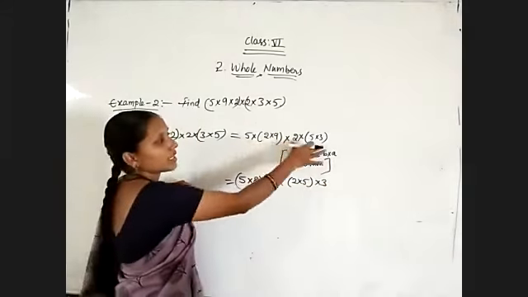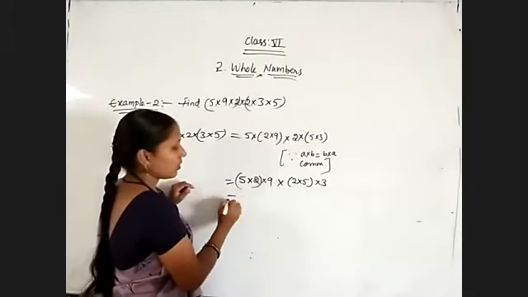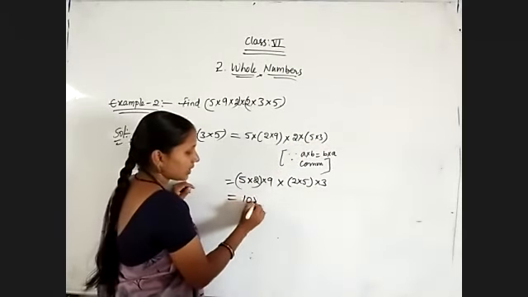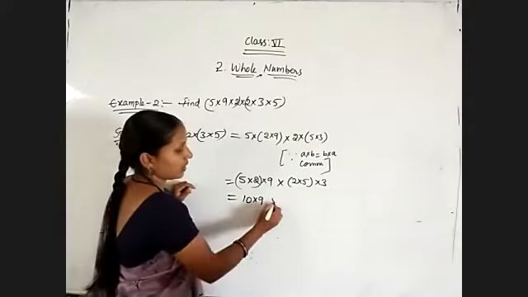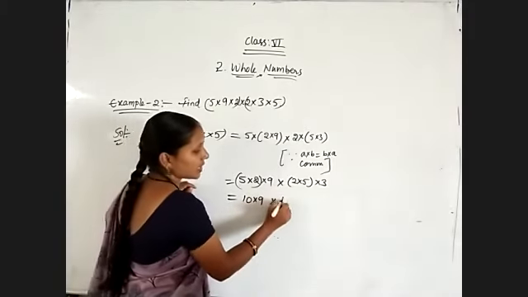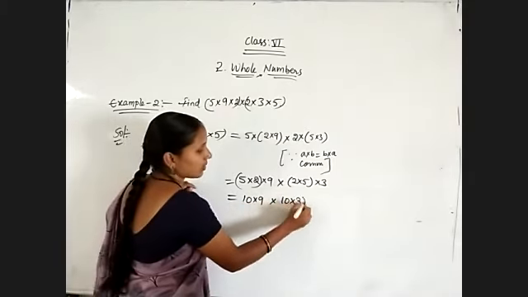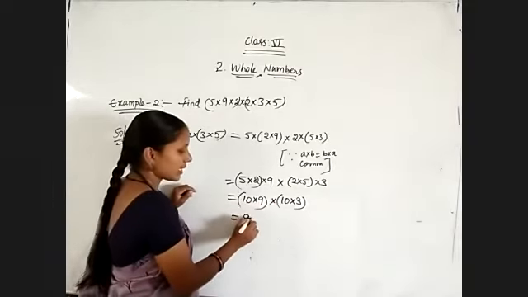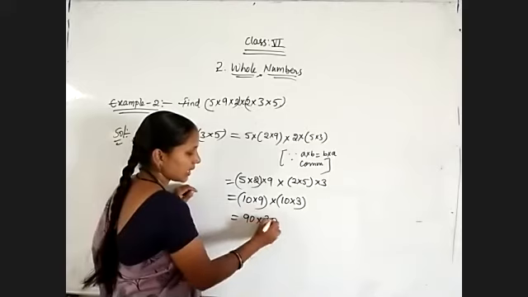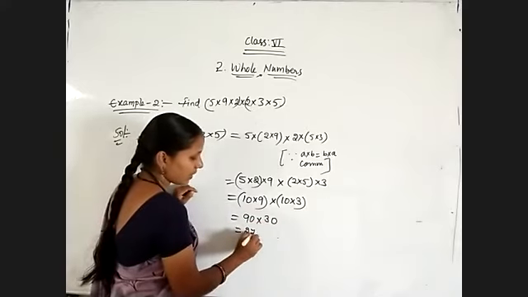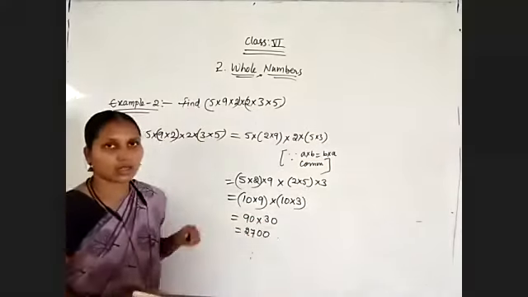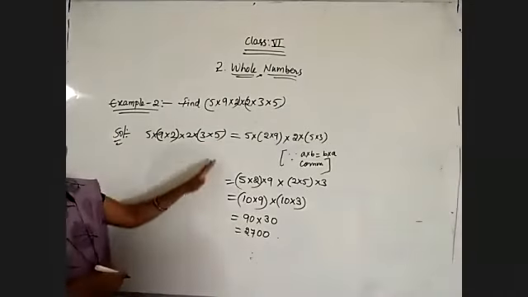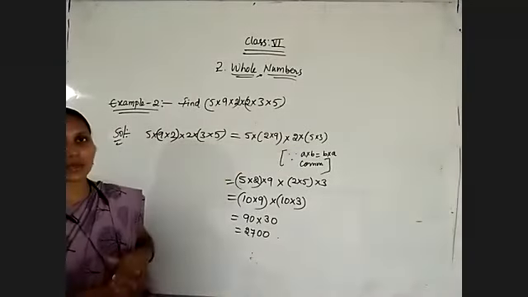This is one pair and this is another pair. Now 5 2s are 10. 10 into 9, and 2 5s are 10. 10 into 3. These two now finally. So 10 9s are 90. 10 3s are 30. 9 3s are 27 and 2 zeros are there. 2700. So here we don't have to make any calculations.